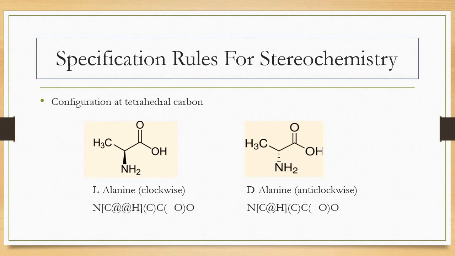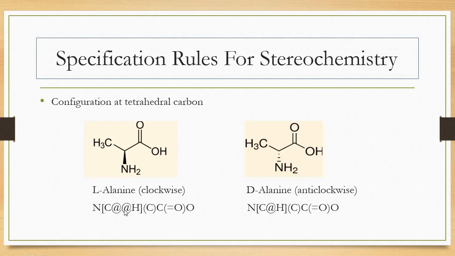Now the specification rules for stereochemistry. First, the configuration at tetrahedral carbon. For tetrahedral carbon, we can use the @ sign. Here you are seeing in the string the presence of 2 @ signs, and here in the string you see the presence of 1 @ sign. So what is the difference?